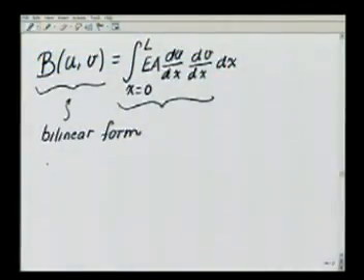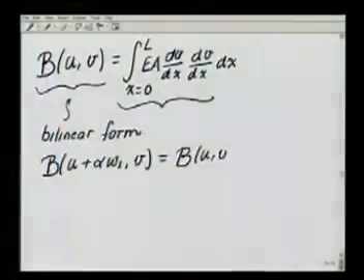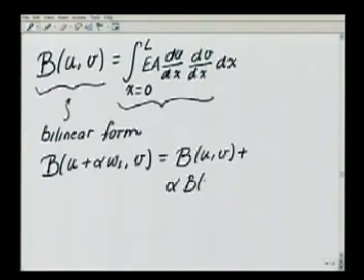If I look at b of u plus alpha w1, v, this will be equal to b of u, v plus alpha b of w1, v. That is, it is linear in the function u.